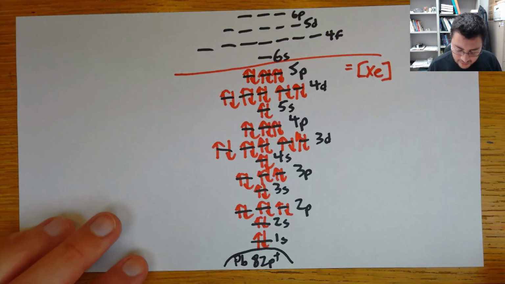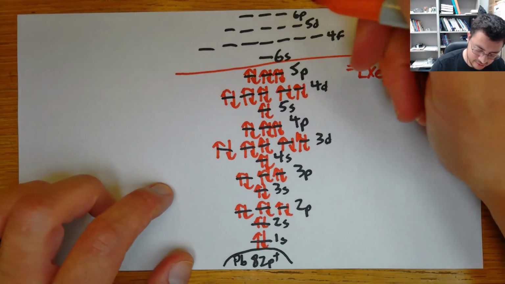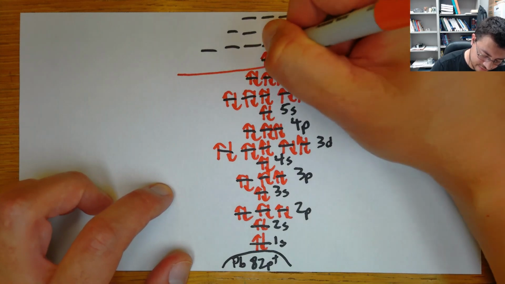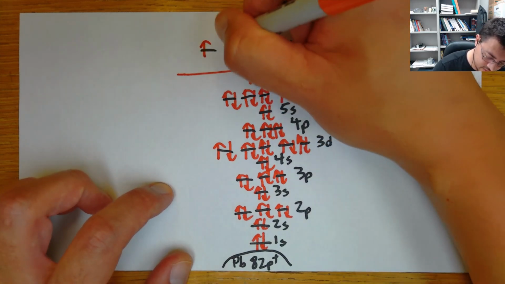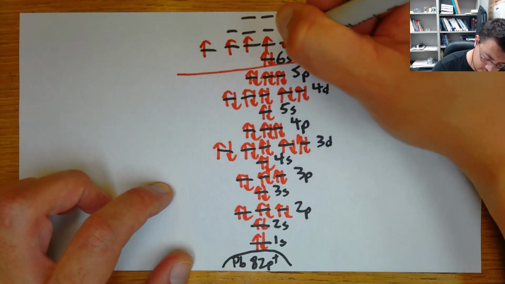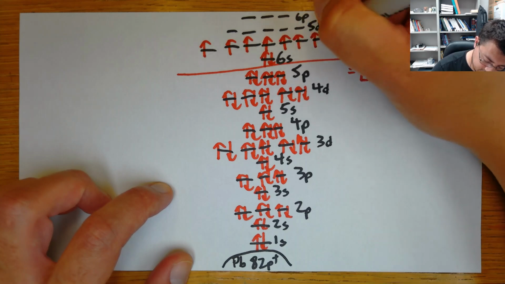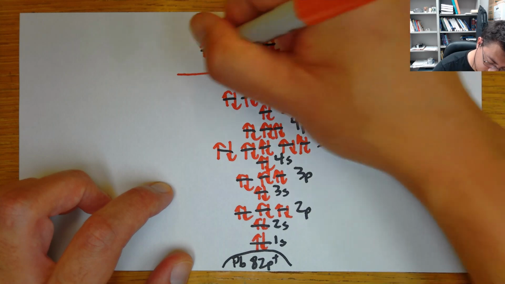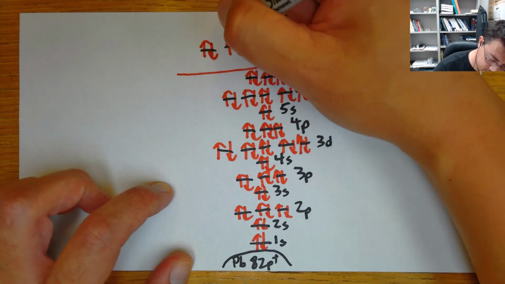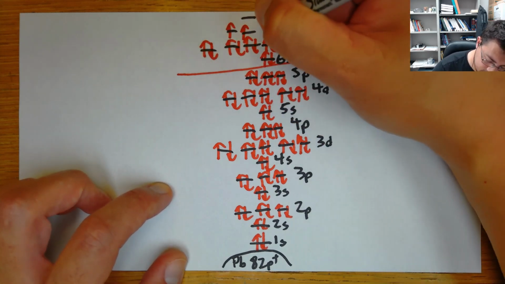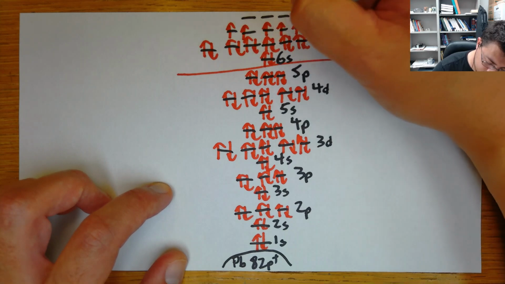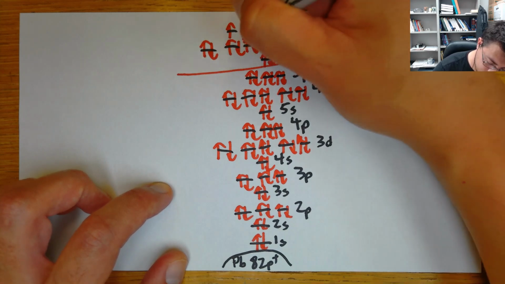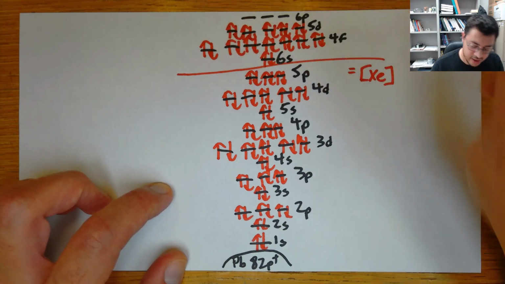So 54, and then we have to go up to 82. So 55, 56, 70, 80. All right.